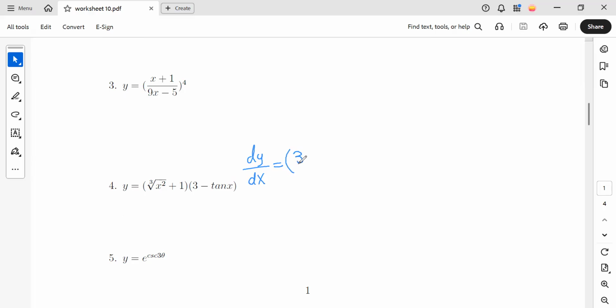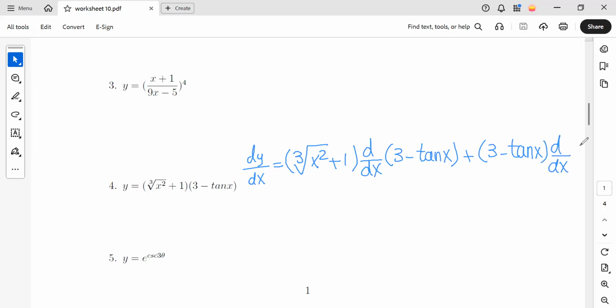We would copy the first one, which is cube root of x squared plus 1, derivative of the second part, plus copy the second part, and derivative of the first part, which is cube root of x to the power 2 plus 1.